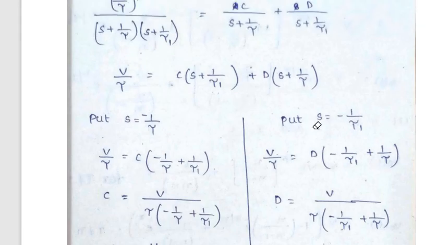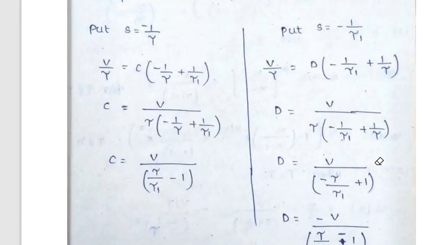Similarly, here also, when s is equal to minus 1 by tau 1, V by tau is equal to, the C term is 0, therefore D is equal to minus 1 by tau 1 plus 1 by tau. D is equal to V by tau into minus 1 by tau 1 plus 1 by tau. Therefore, D is equal to V by minus tau by tau 1 plus 1.